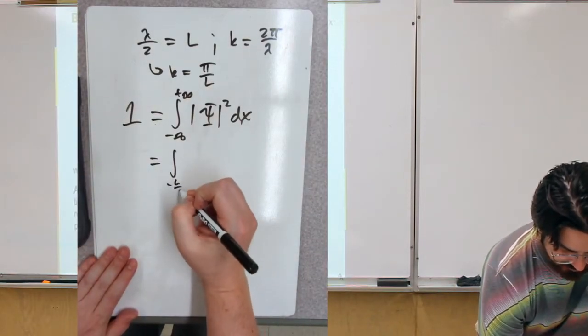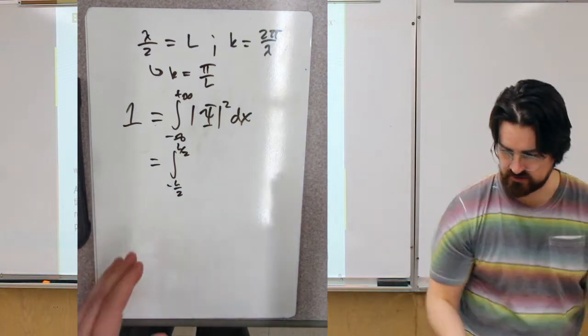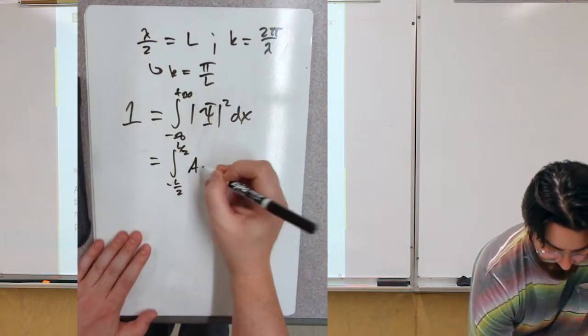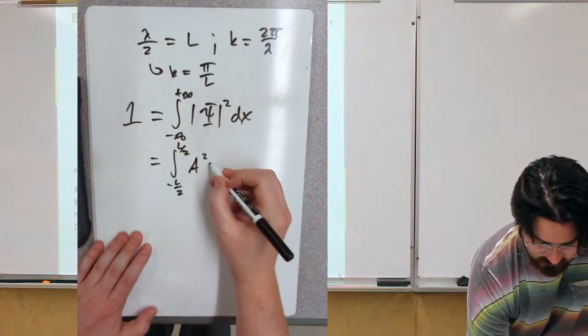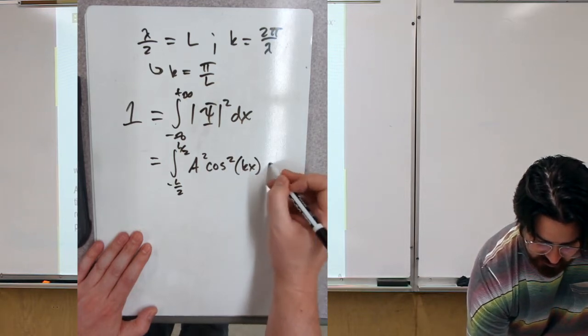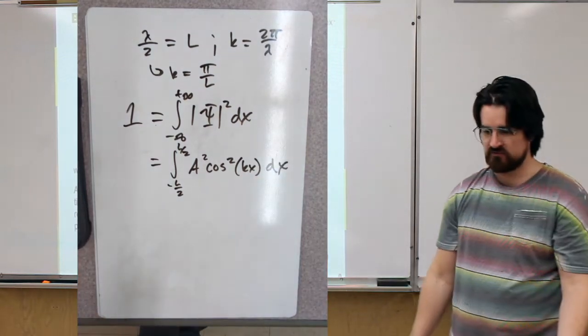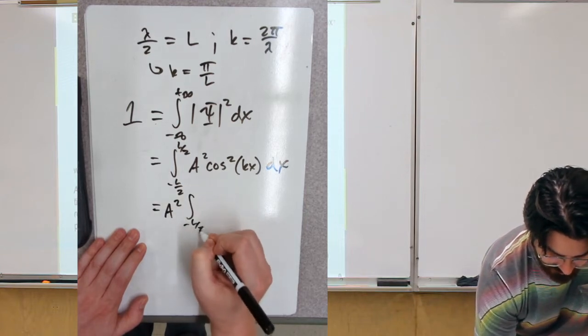So this integral is going to condense down to just that location, otherwise it's just 0. And we're going to end up with just the square of that wave function. A again is a constant, so I can pull that out.